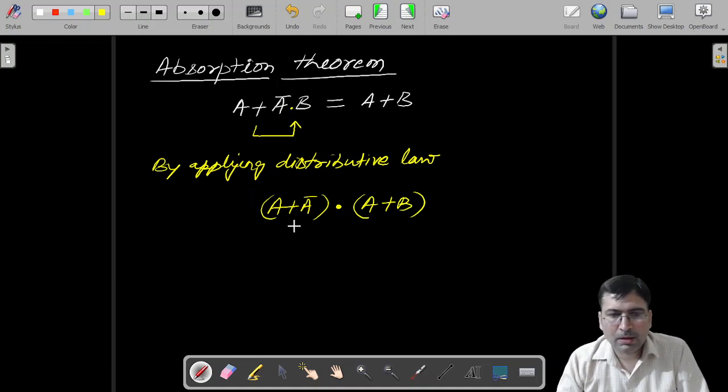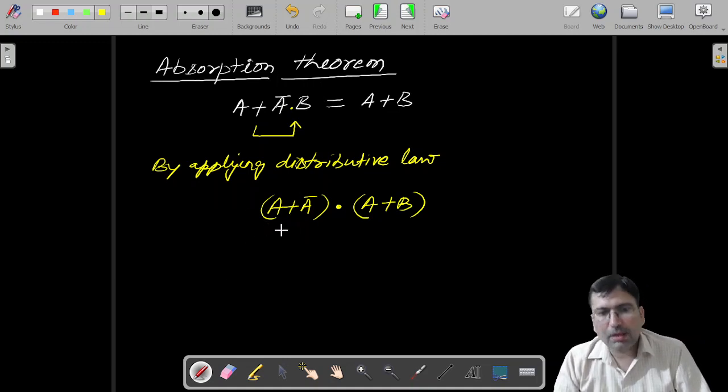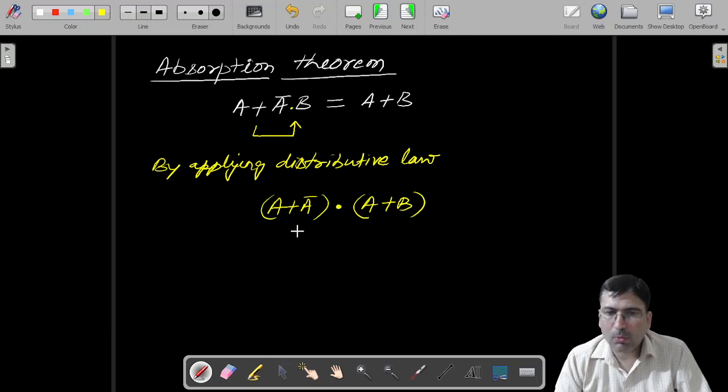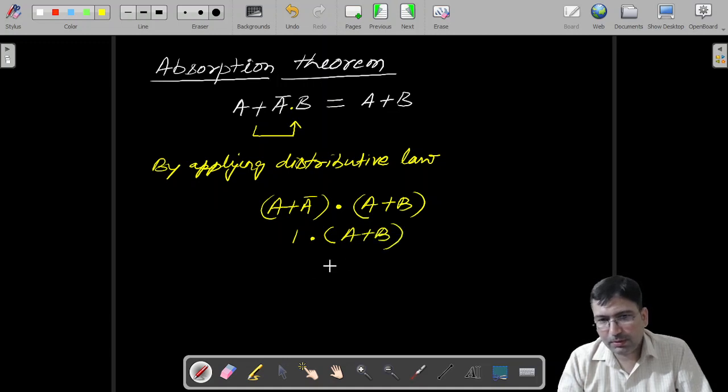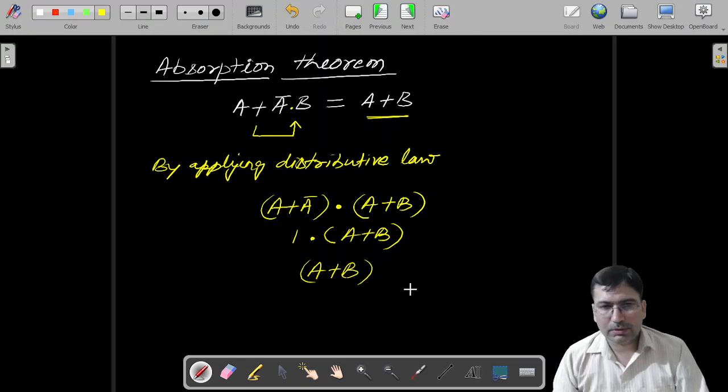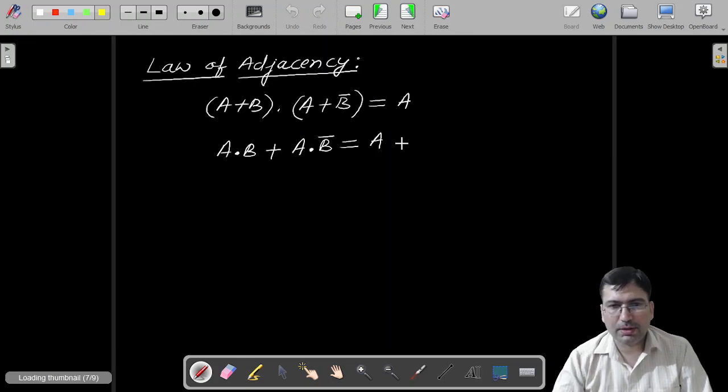So this A or A bar will become 1, ending with A or B. So obviously it will give you A or B only. So that is written here, right? This is very easy to prove. It is not very difficult.